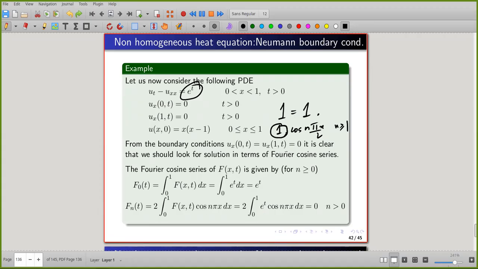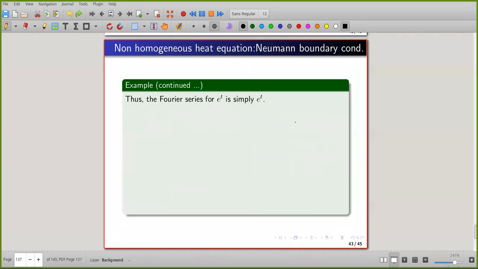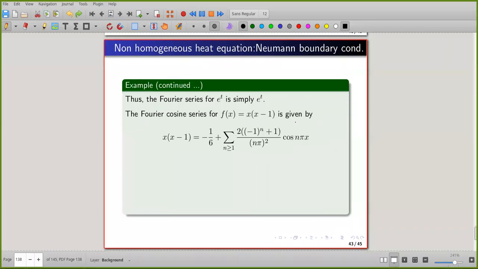You can of course compute this integral and that will turn out to be 0 if n is strictly greater than 0, but we could have said it directly also. Yeah, that makes life easy. So the Fourier series for e to the power t is simply e to the power t. The Fourier cosine series is something which you would have computed earlier, is given by this.